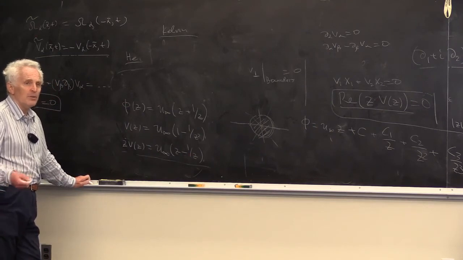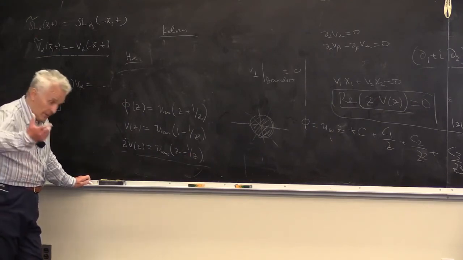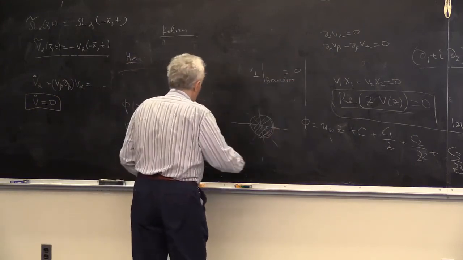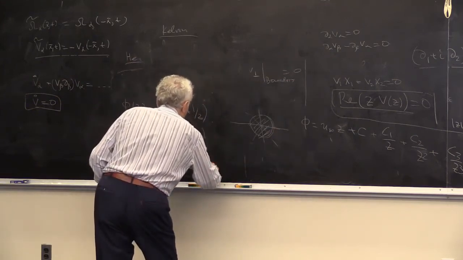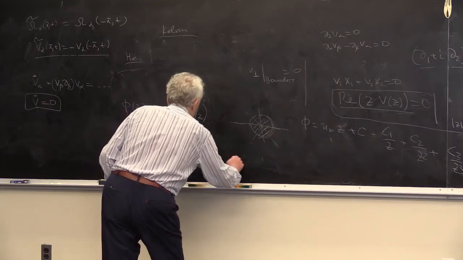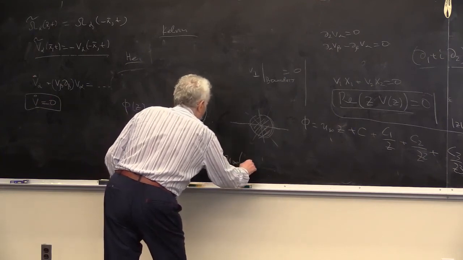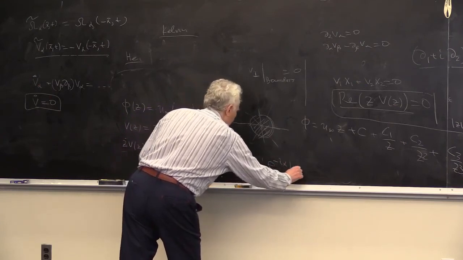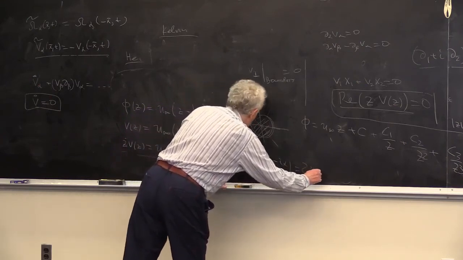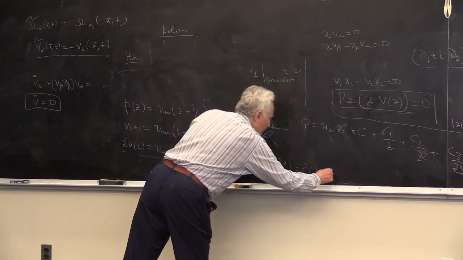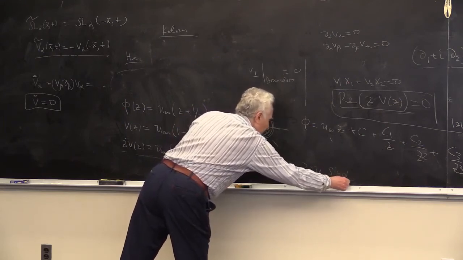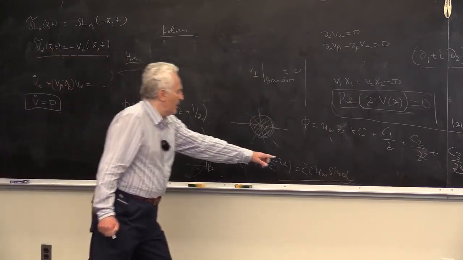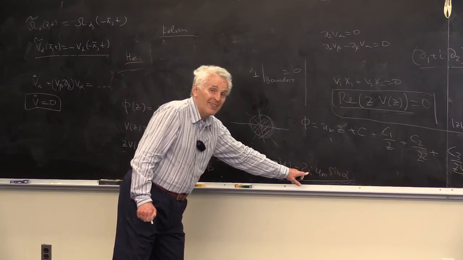What's the equation for the boundary? e to the i phi. Exactly. I shall use a different letter, since phi is occupied already. So at the boundary, it's purely imaginary.